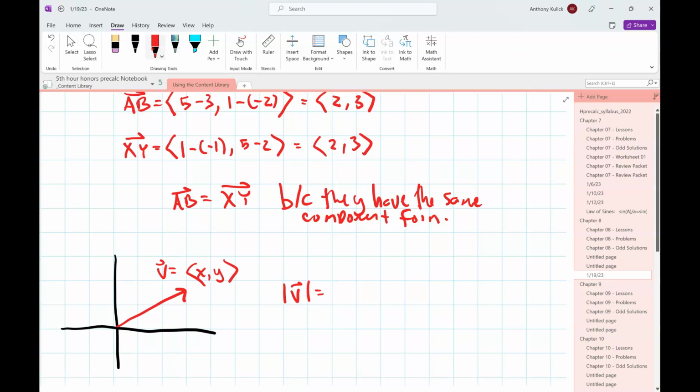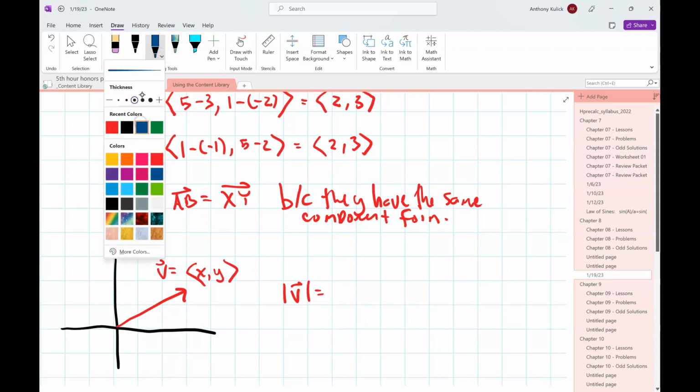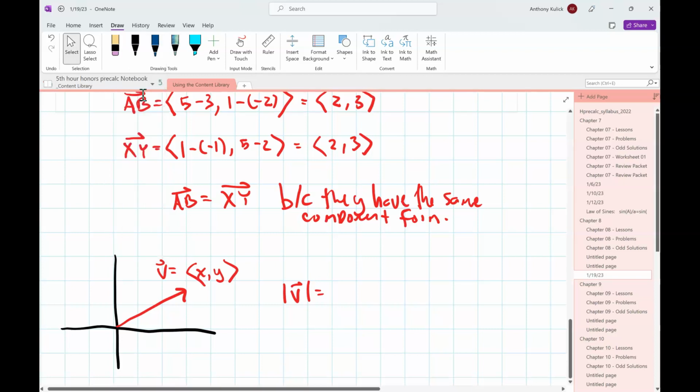In geometry, how would I calculate the length of that segment? What tool did we use to calculate the length of a segment? I thought I heard somebody whispering it. Starts with a D if you need to be brave. The distance formula. That's exactly right.